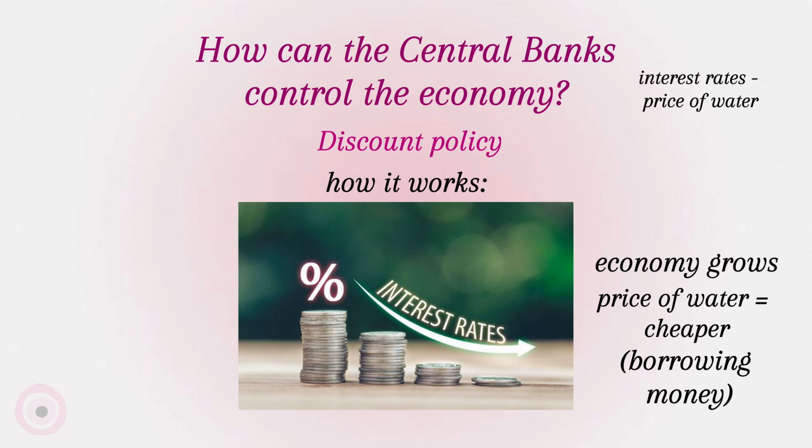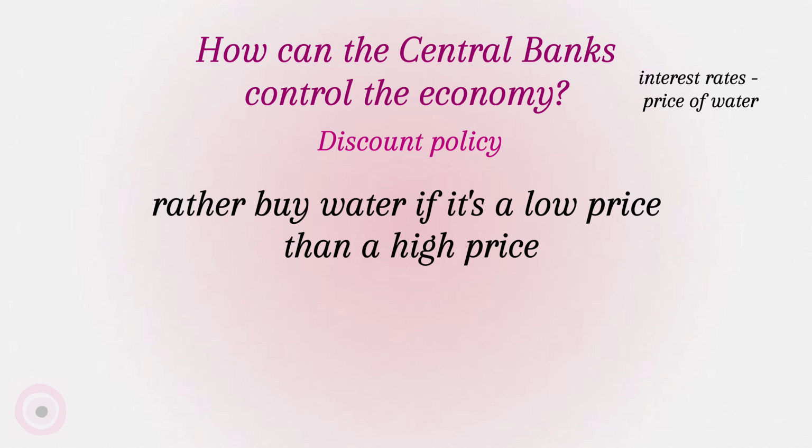The economy grows because people and businesses borrow more to buy, for example, cars and houses, because when interest rates are low, it's more profitable for normal households to buy a car. You would rather buy a car at low interest rates than high interest rates.